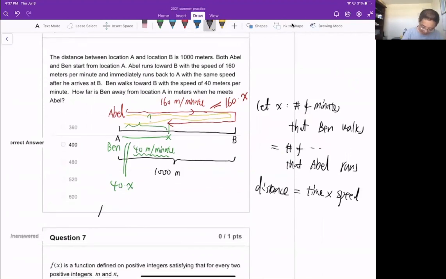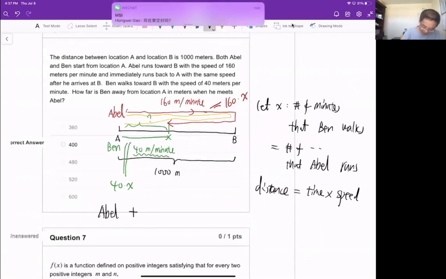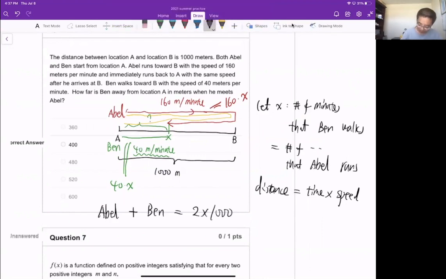So Abel plus Ben equals twice the total distance, 2 times 1,000. So that's 2,000. And this is 40x, and this is 160x. Both are speed multiplied by time.